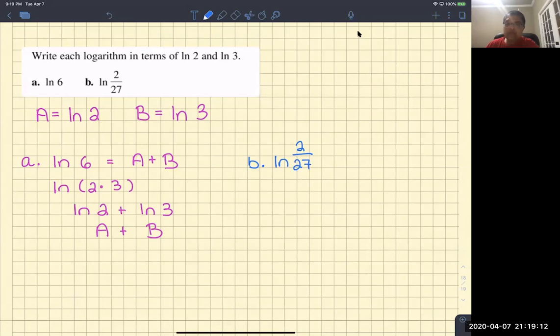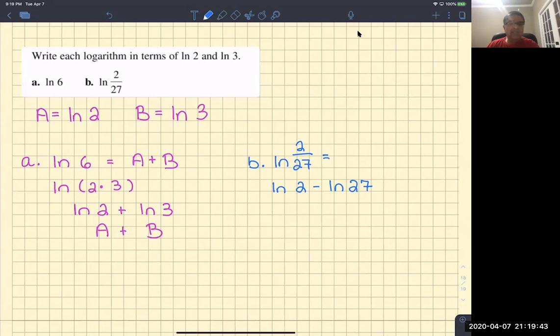Okay. So the quotient rule says that the natural log of 2 over 27 can be rewritten as the natural log of 2 minus the natural log of 27. Now, we do have a letter to replace the natural log of 2 with. We can replace it with A. However, we do not have a letter to replace the natural log of 27 with.